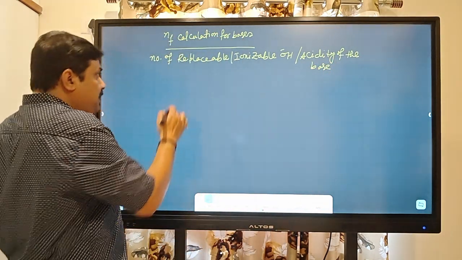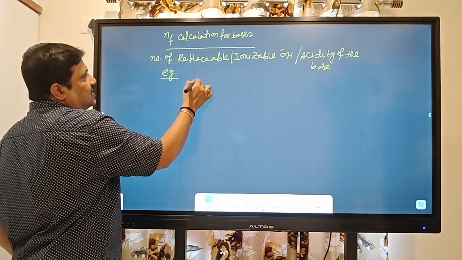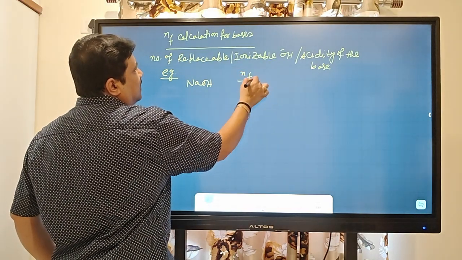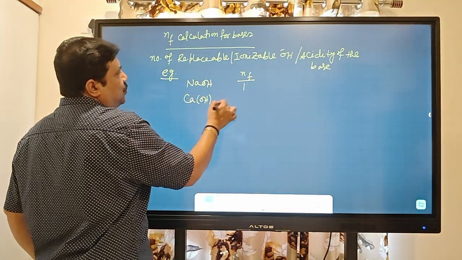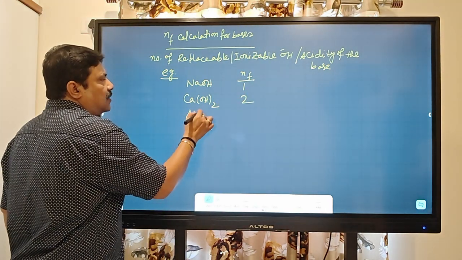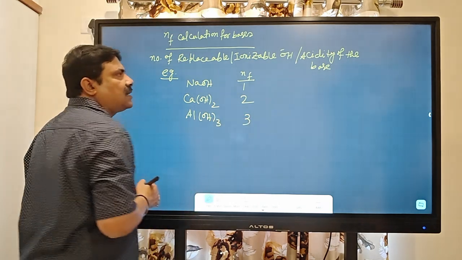For example, NaOH can provide 1 unit of OH minus, so its N factor is 1. Calcium hydroxide can give 2 units of OH minus, so the N factor is 2. Aluminum hydroxide can give 3 units of OH minus in solution, so the N factor is 3. No issue.